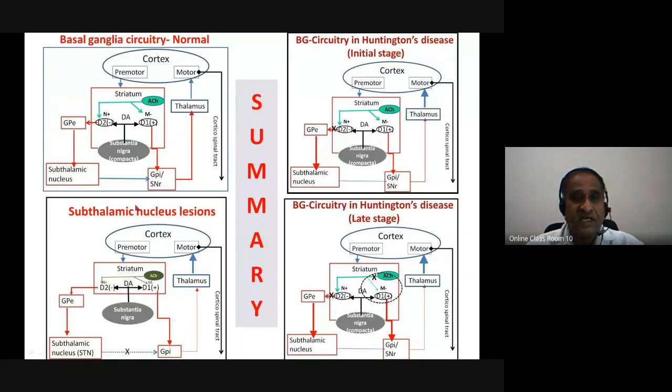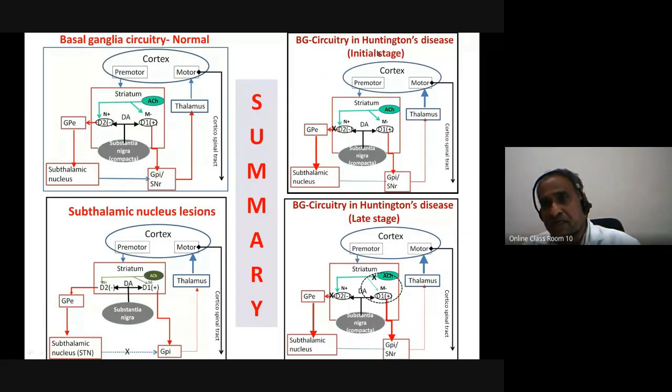This is an indirect path. The direct path has D1 receptors and the indirect has D2 receptors. The dopamine comes from the nigrostriatal tract. And we have the intrastriatal cholinergic system, which modulates the dopaminergic receptors. This is a normal basal ganglia circuit.